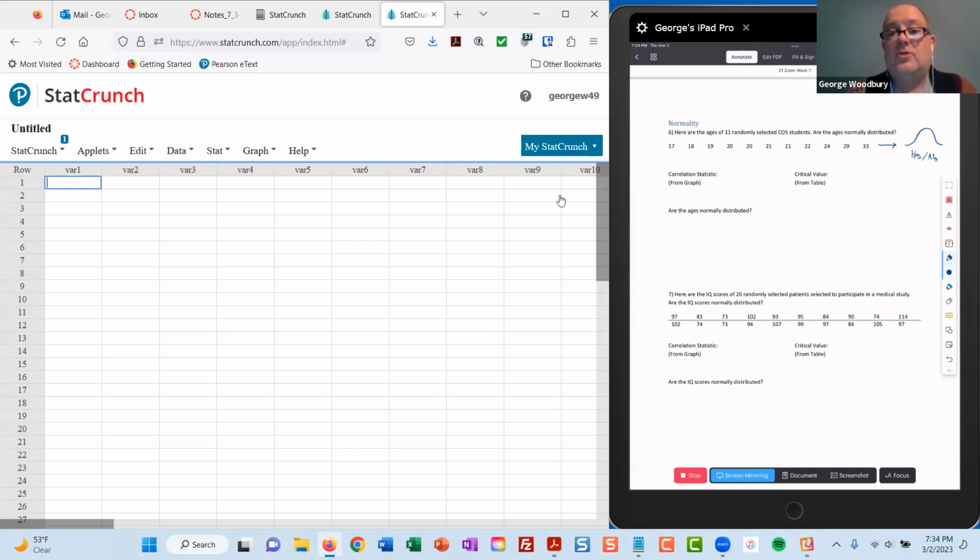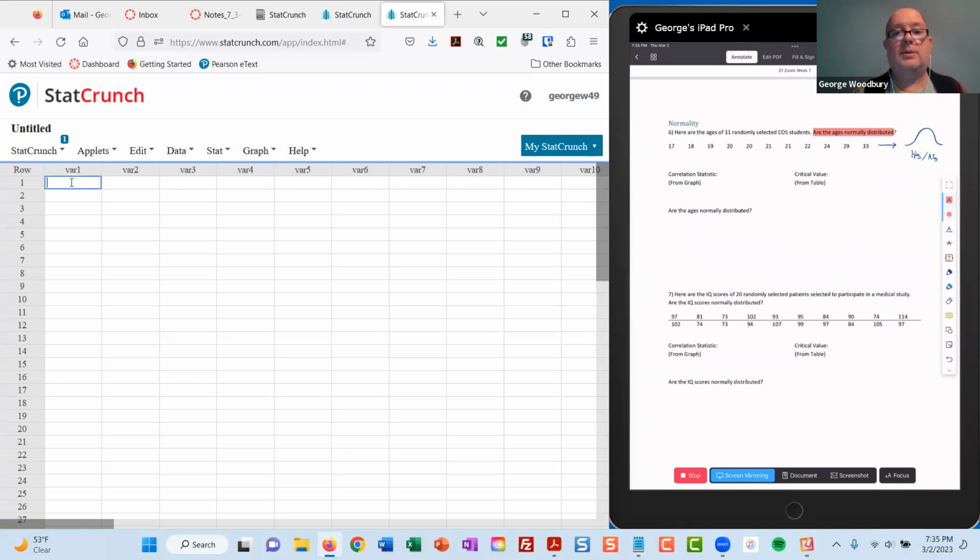Problem 6 says, here are the ages of 11 randomly selected COS students. Are the ages normally distributed? That's how I know that it's a normality problem.